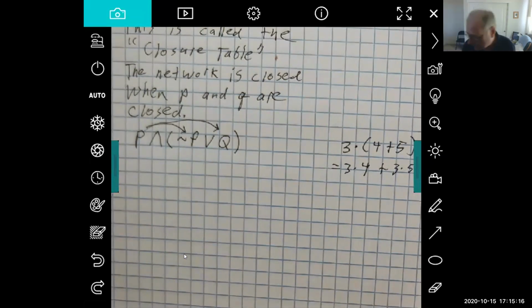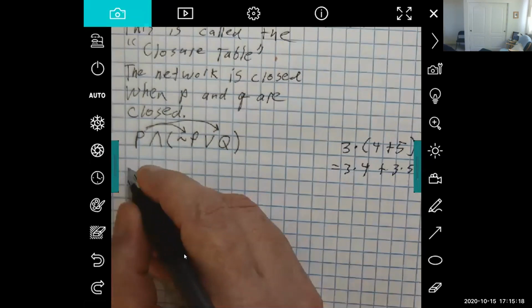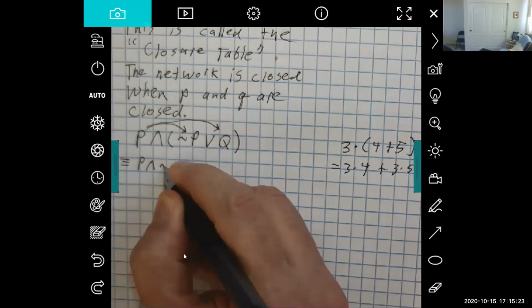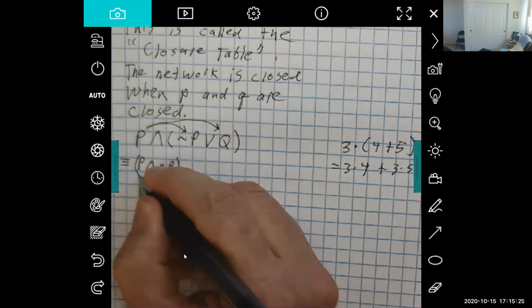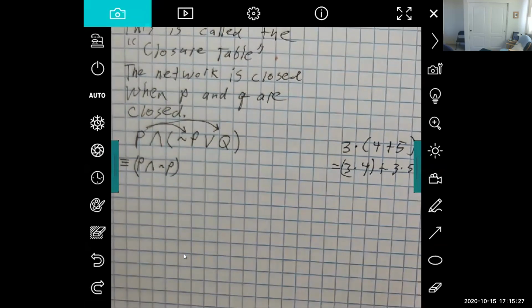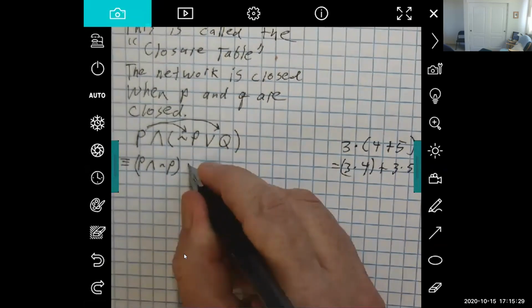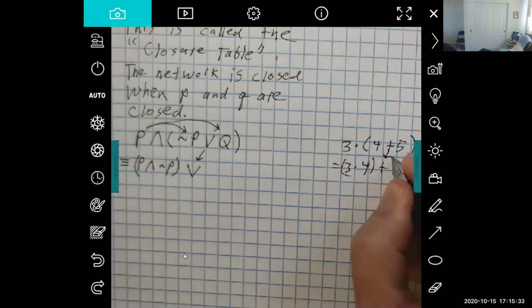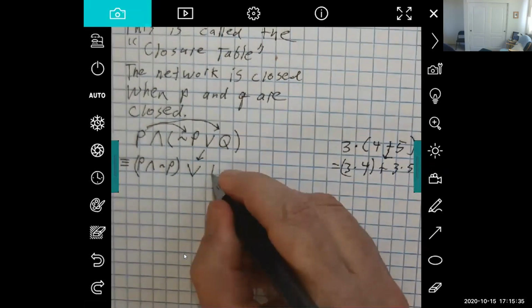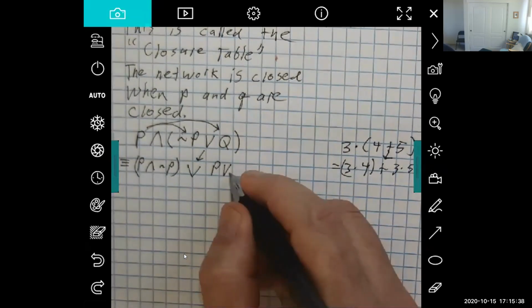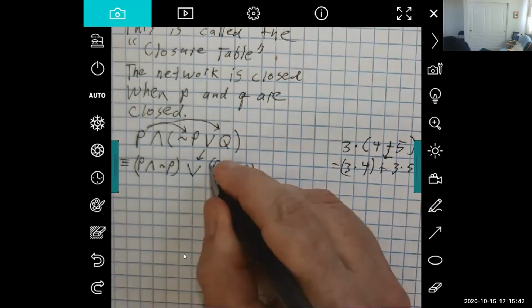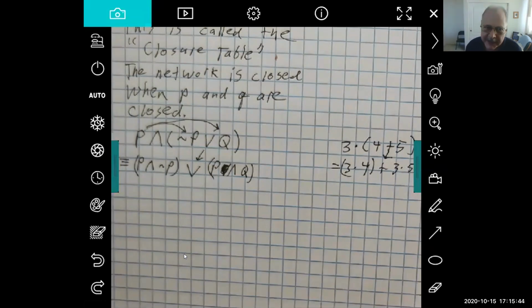I'm going to do that here. So yeah, I almost made it upside down there. Okay.